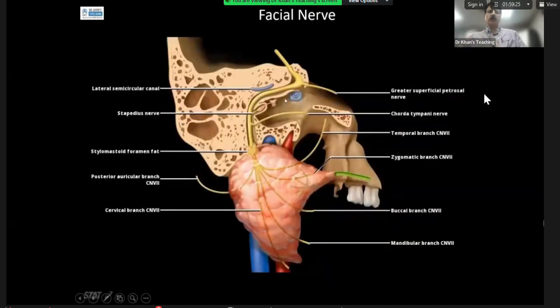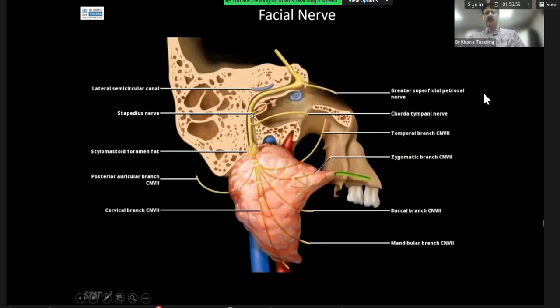Now, so just a repetition of what we have already learned. This is the labyrinthine portion, geniculate ganglion, greater superficial petrosal nerve, tympanic portion, and the descending or mastoid portion. And you can see how it goes into the parotid gland and then gives the terminal branches. Now, we have learned one branch coming out here. There are other nerves.